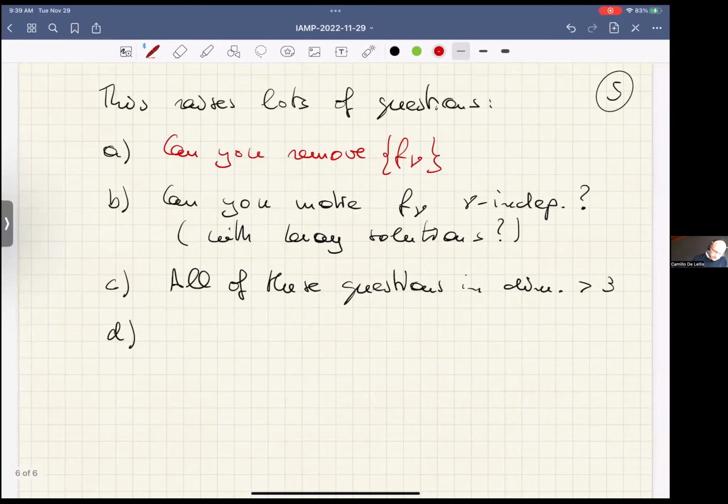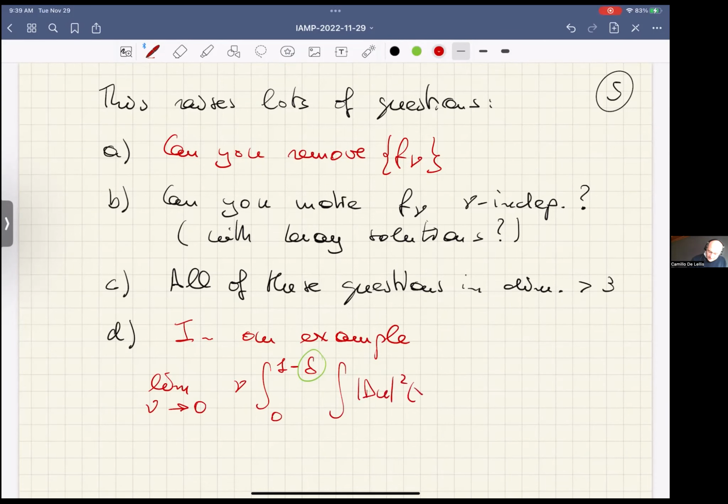So in our example, if I actually look at the limit as nu goes to 0 of this quantity at an earlier time, so I go a little bit before 1, then actually there's not any anomalous dissipation.